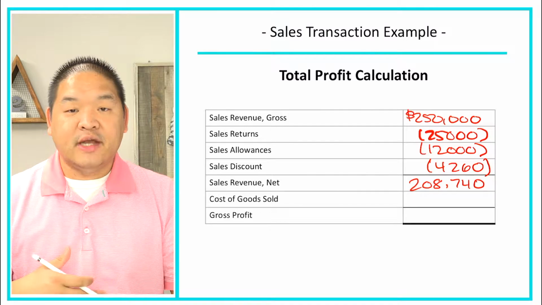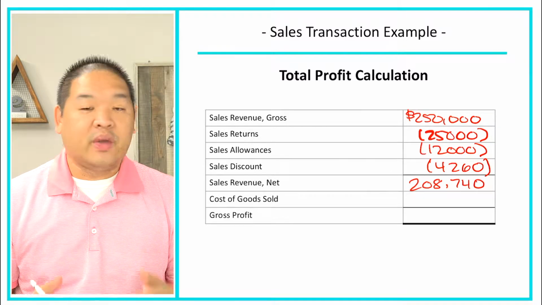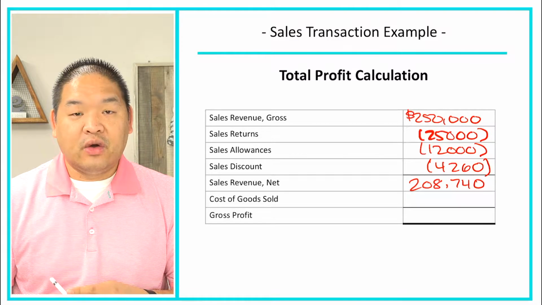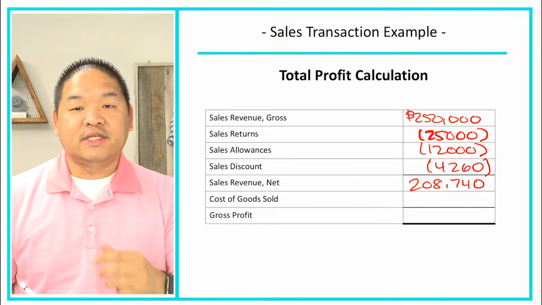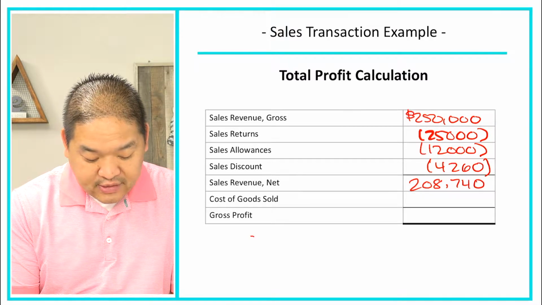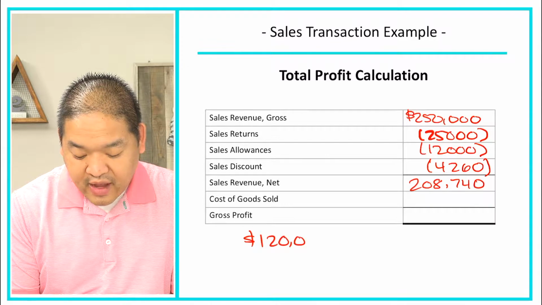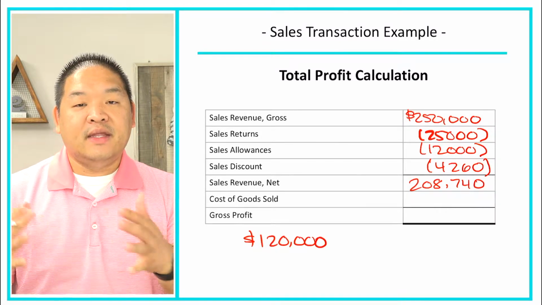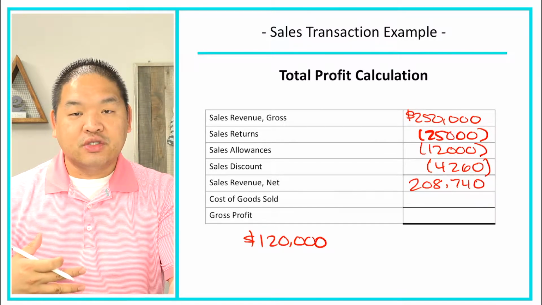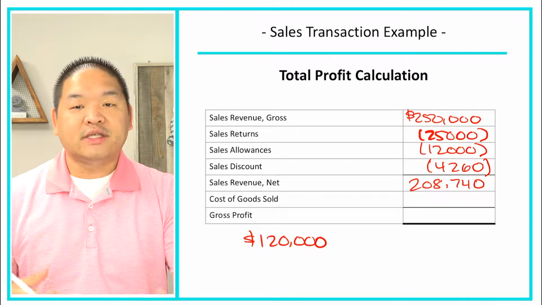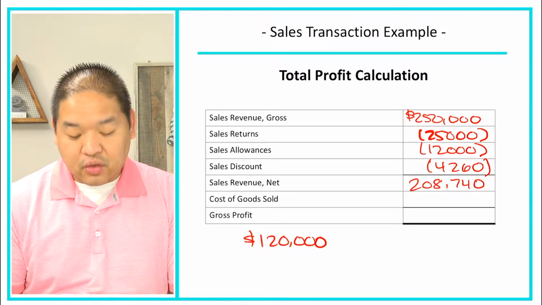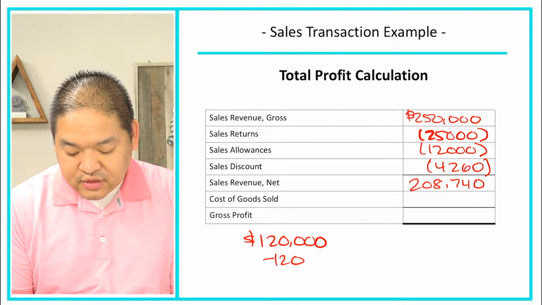Now we got to figure out cost of goods sold. So we can go back to the other entries and look at our cost of goods sold. We actually had 2 entries that dealt with cost of goods sold. The first entry was the initial cost of goods sold. That initial cost of goods sold was $120,000. Then in the next problem, the customer returned some inventory to us. So we reduced cost of goods sold, in this case, by $12,000.